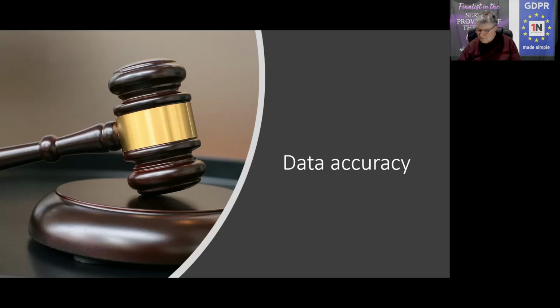And one which is coming far more to the fore than it used to is data accuracy. If I've got your contact details in my phone and I've known you for more than 3 years, there's a good chance that some of that contact information is no longer accurate. So really, I should be checking with you that it is still accurate.